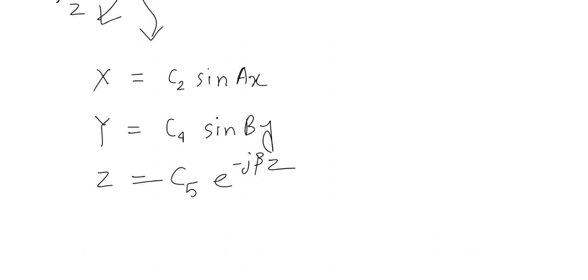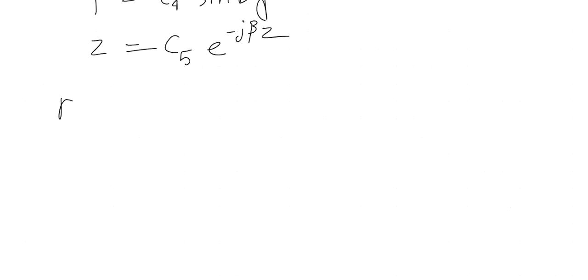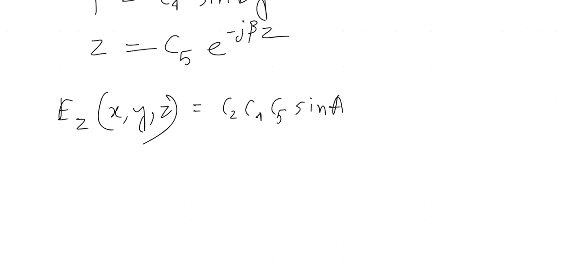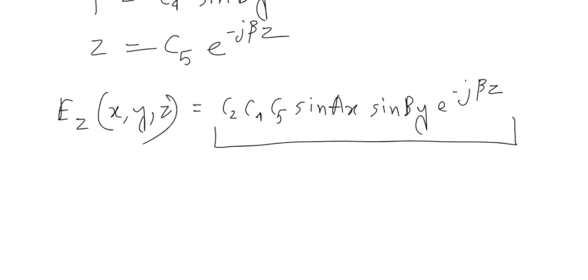So the total solution is C2, C4, C5 into sine αx, sine βy, and so we have all our standing wave and propagating wave together with discreteness.